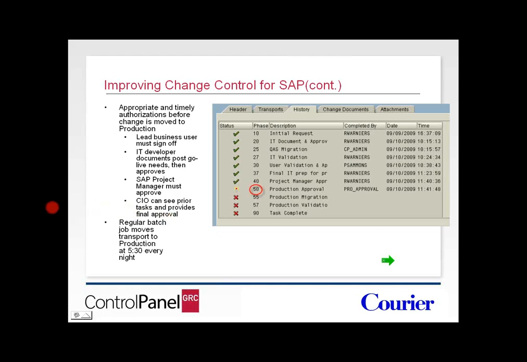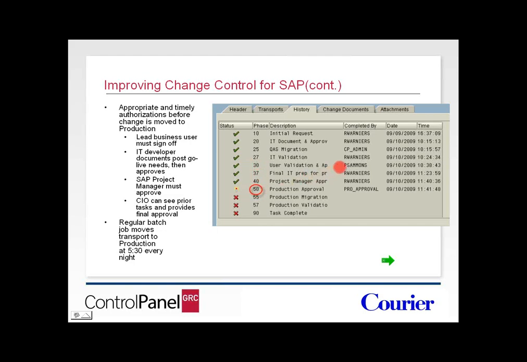So documenting the approvals was one of our tough compliance issues, and this is an area that's really been helped by putting in this workflow product. The workflow manages the approvals for us, and you can see that we have approvers here done for the business user sign-off, and we have the project manager sign-off, and then this is the CIO sign-off.